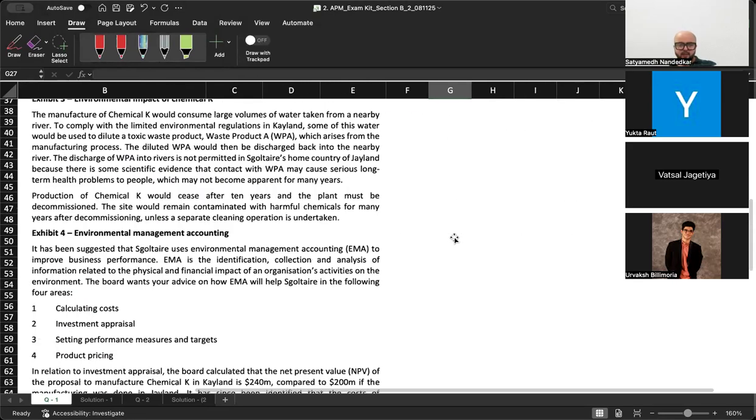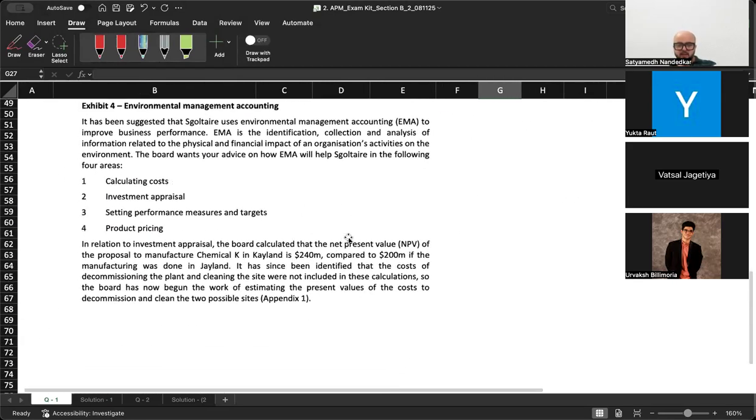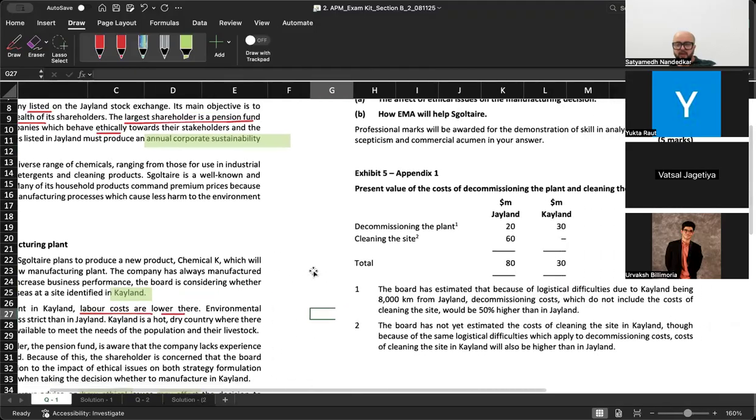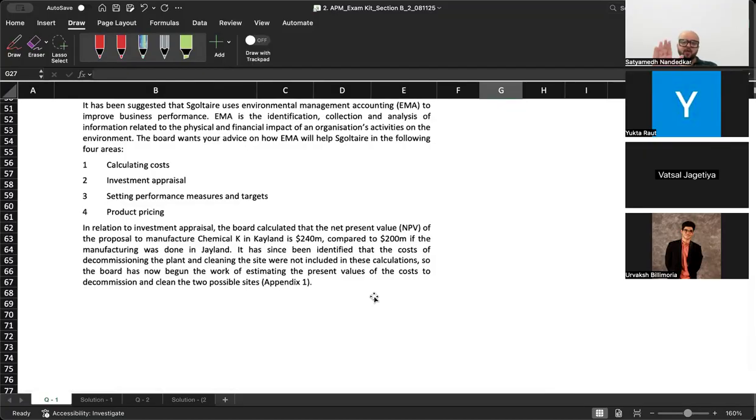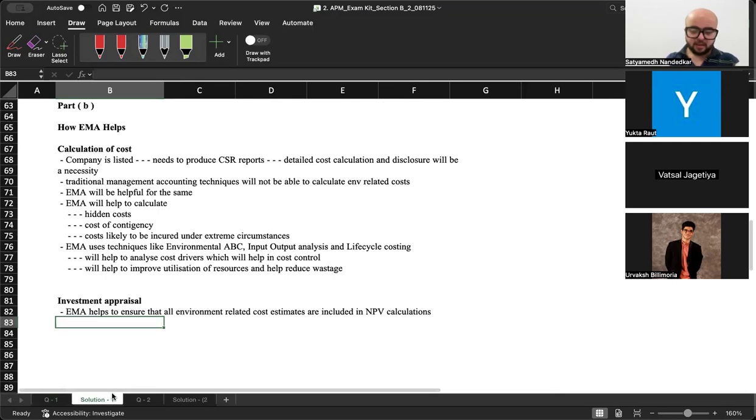So, Kayland में कितना है? In Kayland, the current NPV is 240. When you include that environmental related decommissioning cost and all of that, तो आपका present value of decommissioning cost will become 120, 30 plus 90, right? And then your NPV will become half of that. Also, when you incorporate this 80, 200 minus 80 आप करेंगे तो again it will go down to 120. ठीक है?